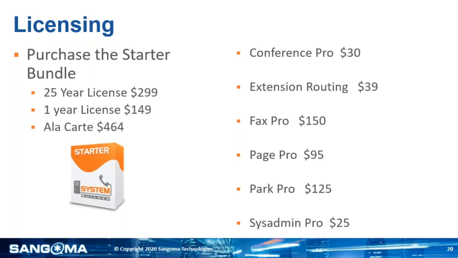And the pricing is going to be based on either 18% or 33% of the price of the module. And if you go with the 1 year license at $149, you have access to the module for 1 year, and you get updates and commercial module support for 1 year. At the end of 1 year, you would either lose access to it, or you would need to renew it. You would again get another year of that.